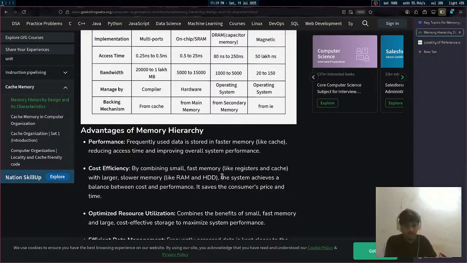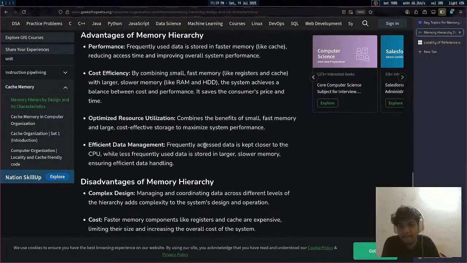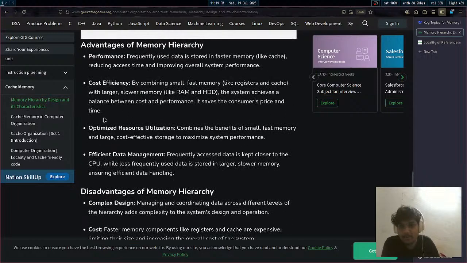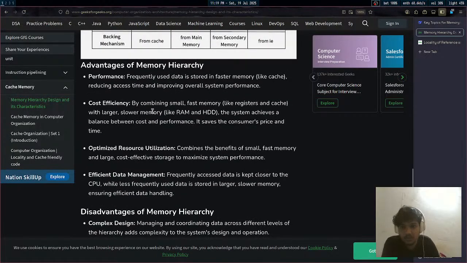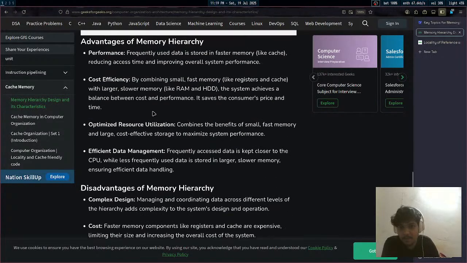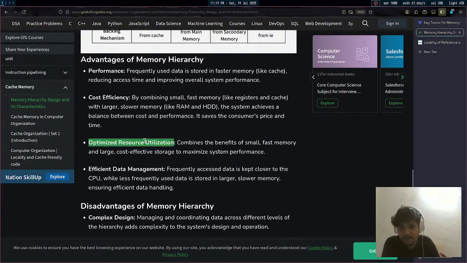So where was I? The cost efficiency, optimized resource utilization, efficient data management. Okay, I think I should add this.